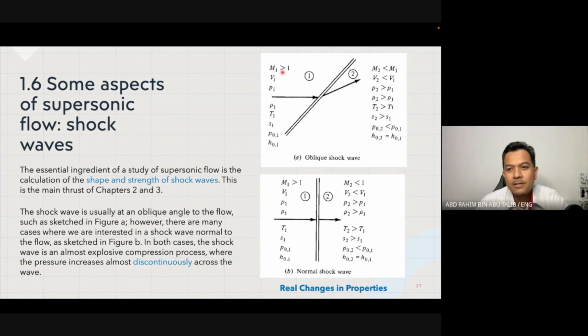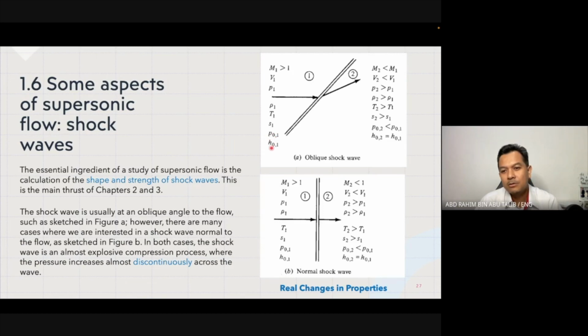This is the condition at station 1, where Mach number is more than 1. Right afterwards, the Mach number at station 2 is less than the Mach number at station 1, and you have the values for the velocity, pressure, density, temperature, entropy, and then the total pressure and total enthalpy.